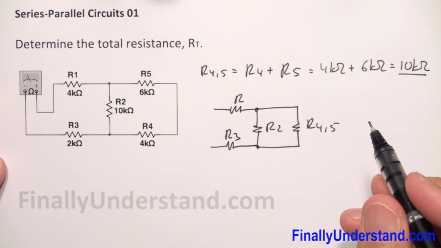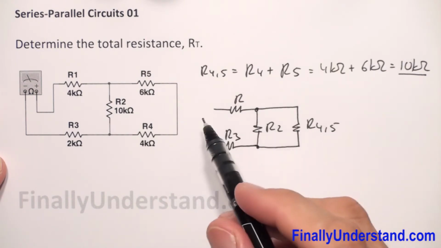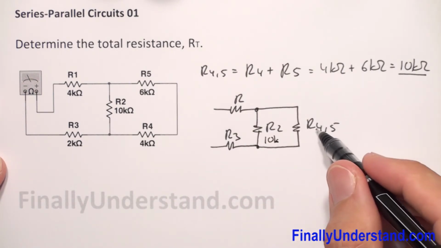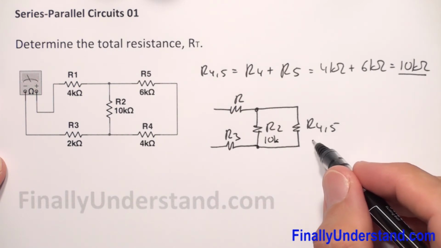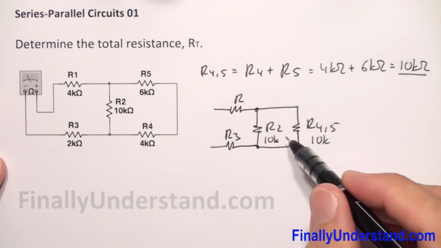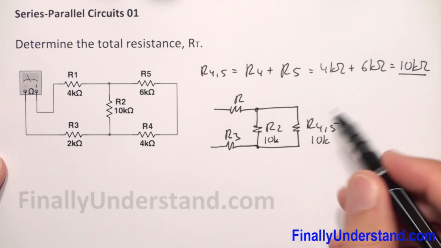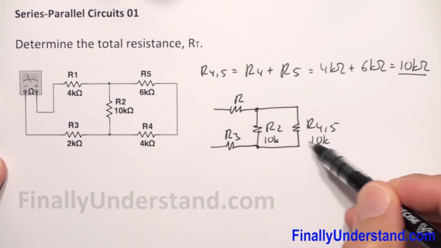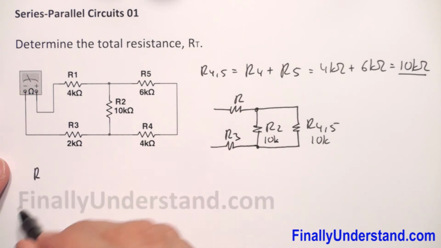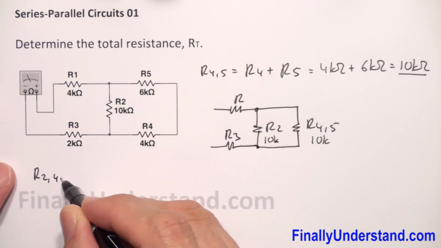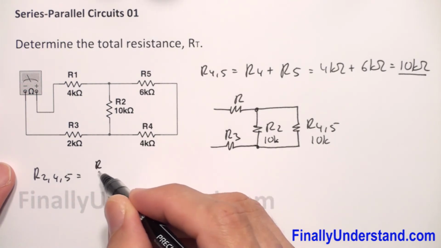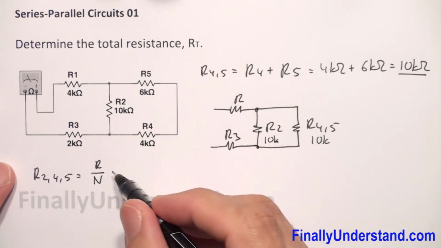But wait a minute. Please notice that resistor R2 is equal to 10 kilo ohms, and resistor R45 is also equal to 10K. We just calculated that. So when we have two resistors in parallel, and they have the same value, we can use this formula: R245 is equal to the value of the resistance divided by the number of resistors.